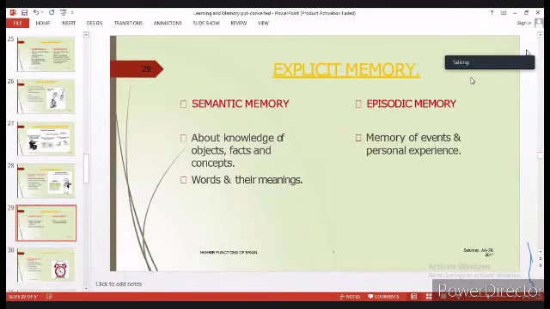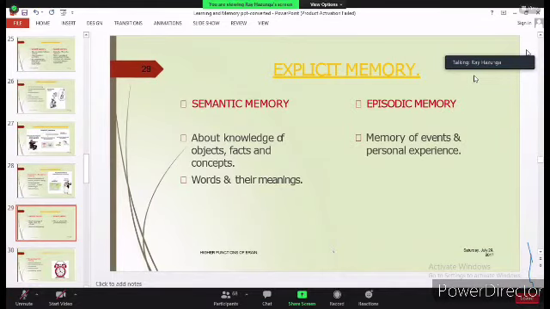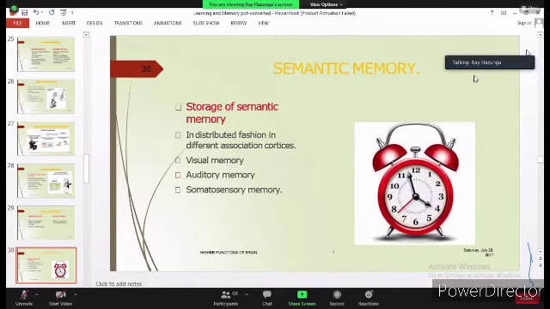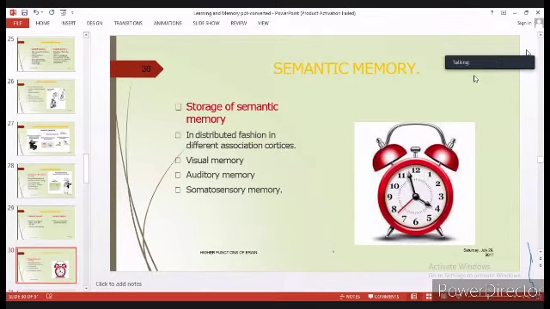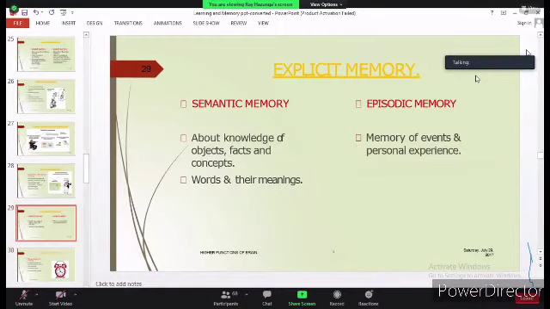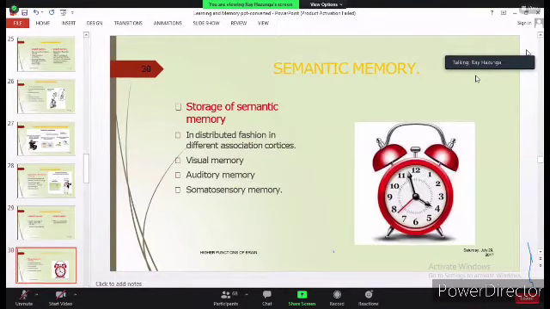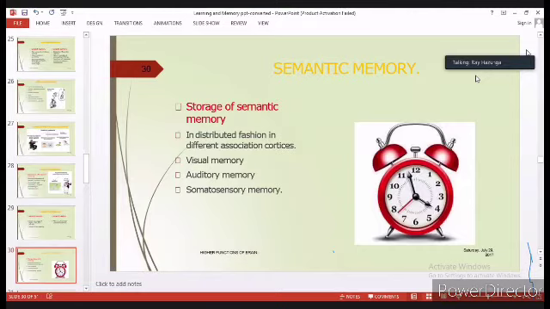So I've talked about semantic memory, episodic memory already. Semantic memory, storage of semantic memory. Yeah. So for you to store semantic memory, let me see, where was that? Okay. So for you to gain facts of general knowledge, obviously you need visual memory, auditory memory, and somatosensory memory.